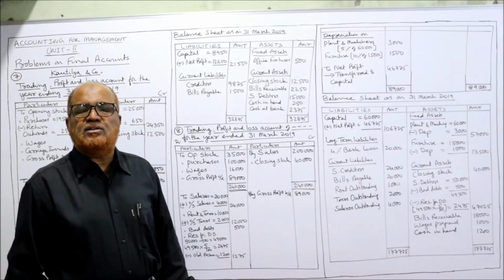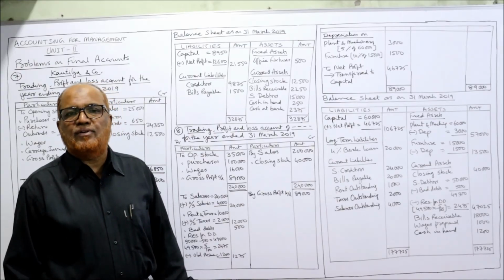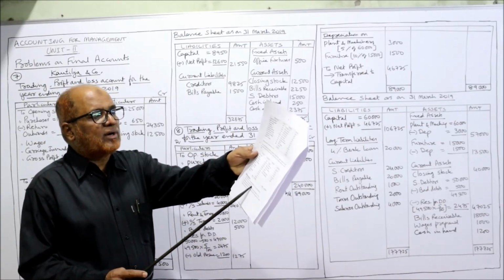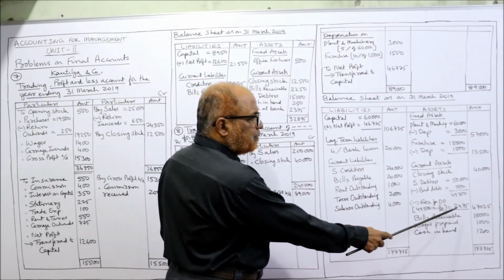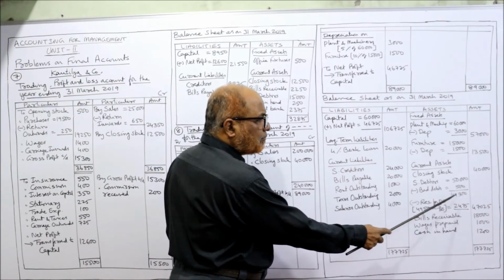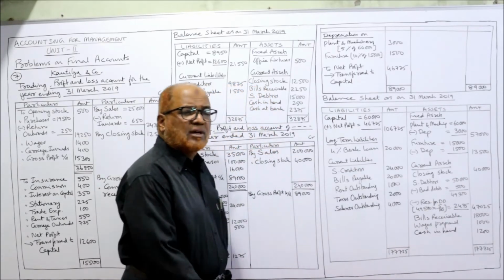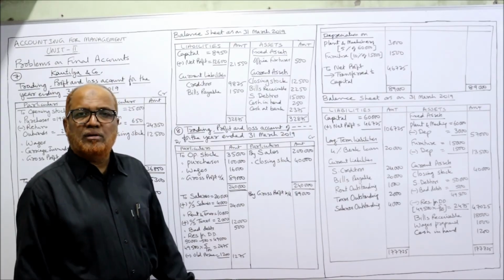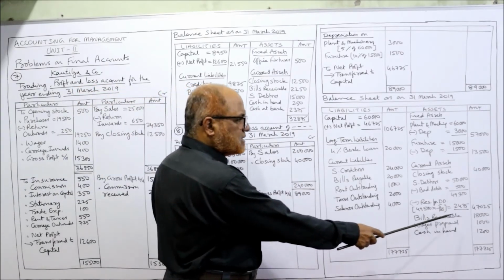On this 49,500, we create the new reserve. The new reserve for doubtful debts is 5%. The 5% of 49,500 is 2,475. So 49,500 minus 2,475, 47,025. That's all. The next current asset is bills receivable, 18,000, same as it is.